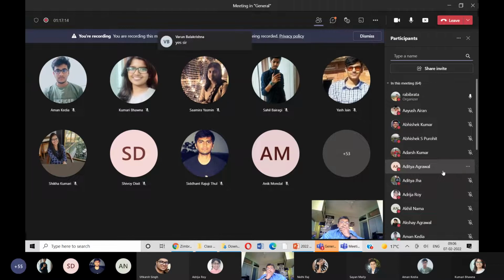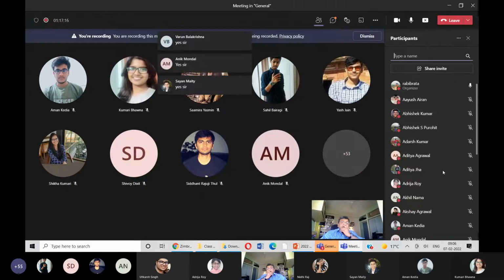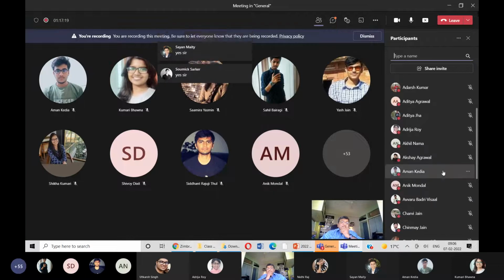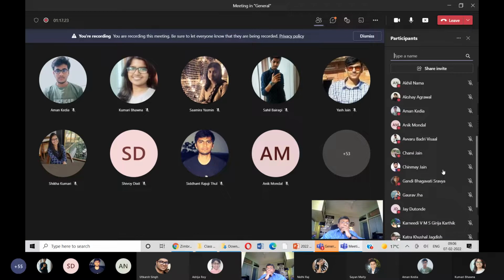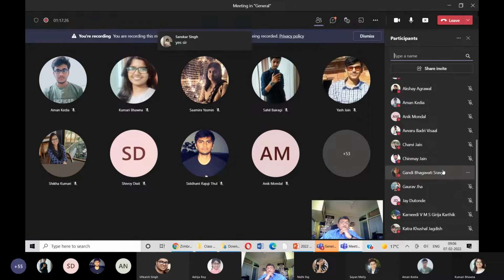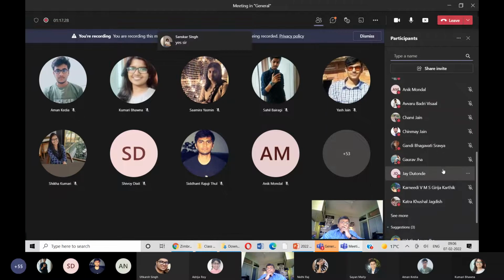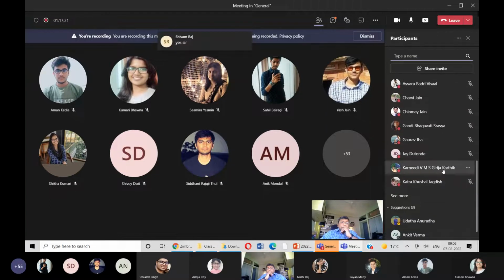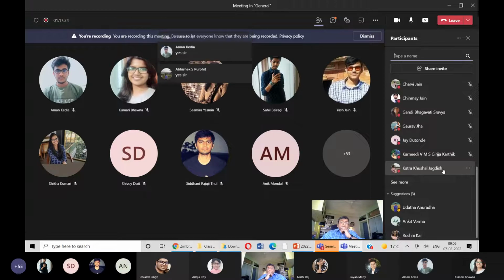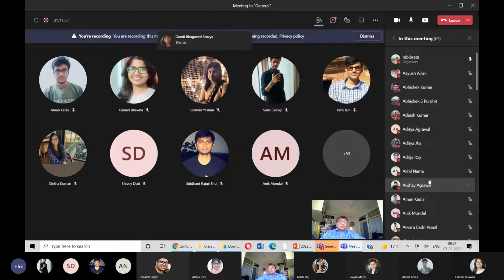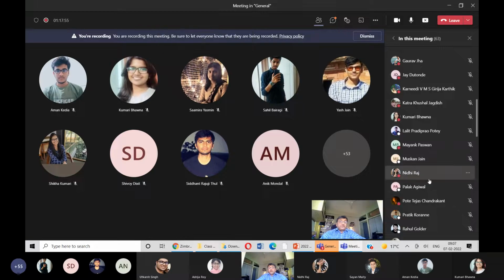Abhishek Purohit, Adarsh Kumar, Aditya Jha, Aman Kedia, Chinmay Jain, Bhagavati, Gaurav Jha, Jay, Kushal Jagdish, Akshay Agarwal, Muskan.